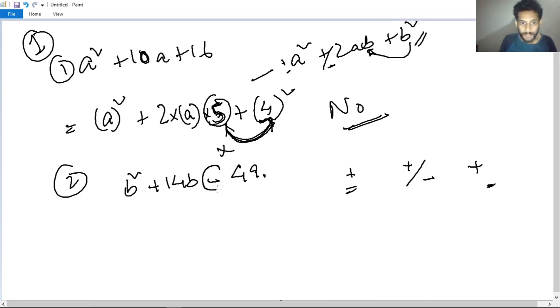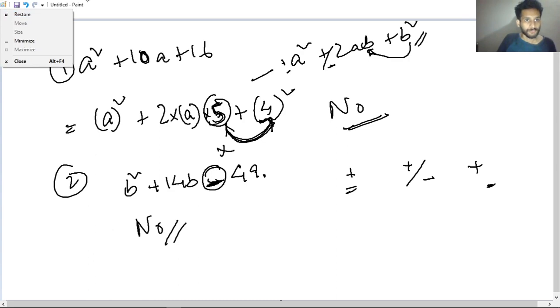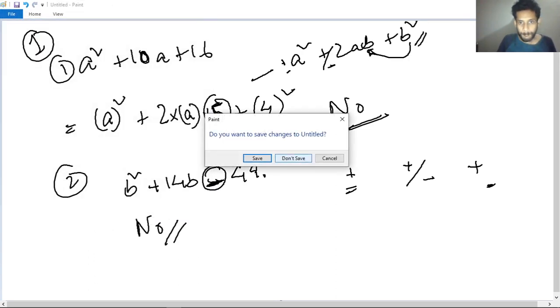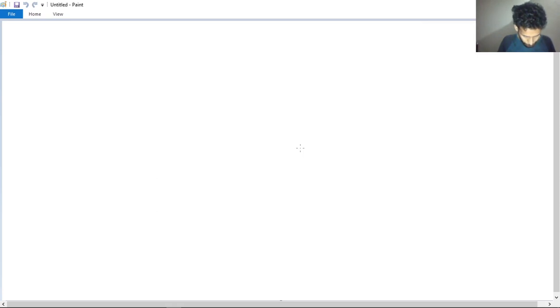You get this format in everything. So in this case the third part has minus, so this is not possible. So again the answer is no.